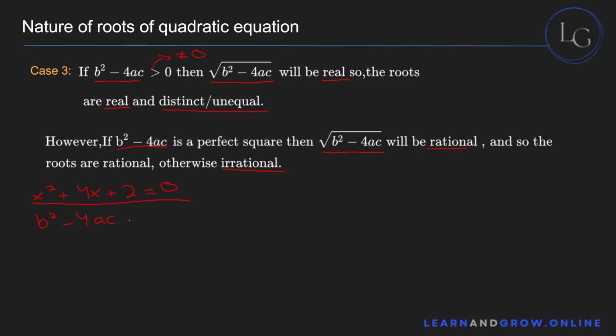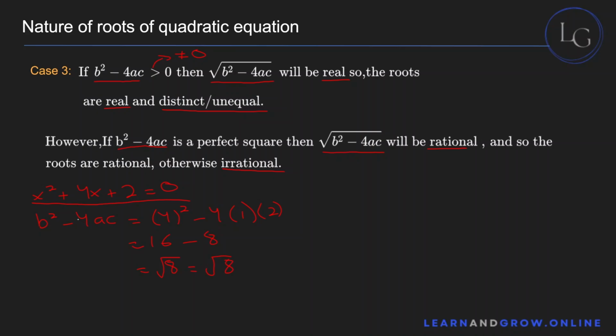So b square minus 4ac is equal to 4 square minus 4 into 1 into 2, which becomes 16 minus 8, which is equal to 8. 8 is not a perfect square of any number. So if you do under root 8, it will just become under root 8. It's not a perfect square of any number.